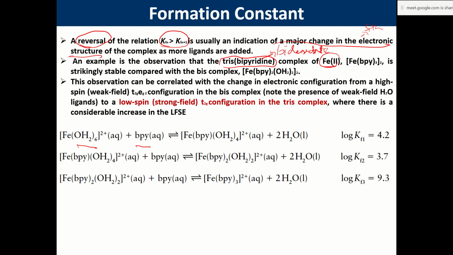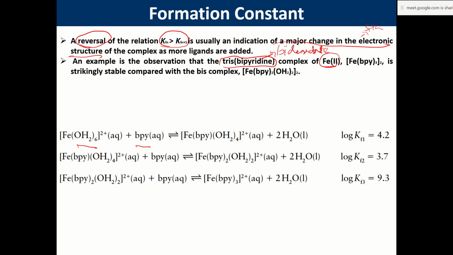You can see here the first step Kf1 is 4.2, the second step Kf2 is decreasing, 3.7, but finally see the trend. First with second, okay, fine, Kf2 has decreased, but Kf3 has increased.